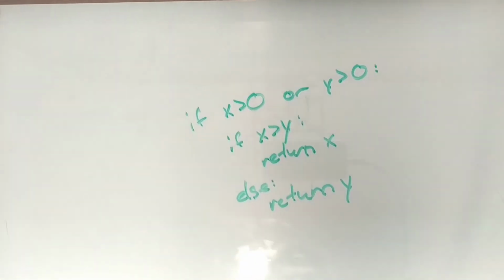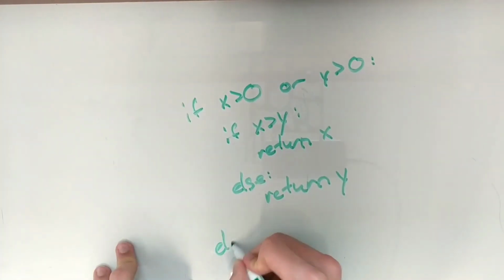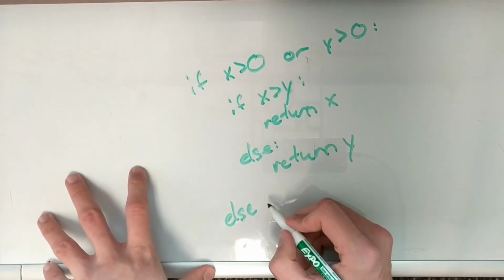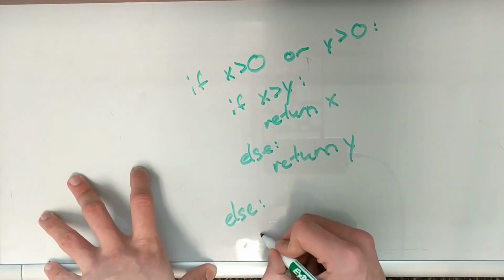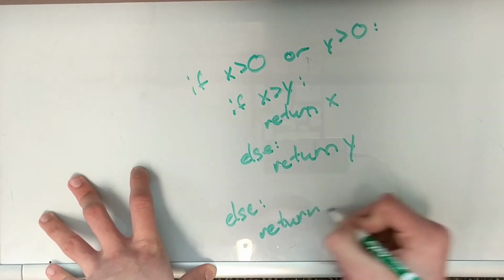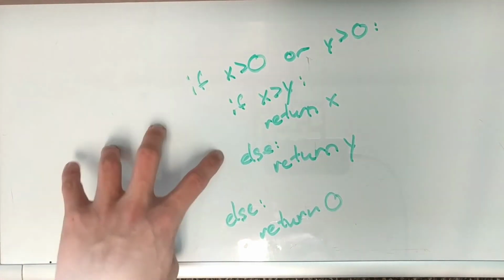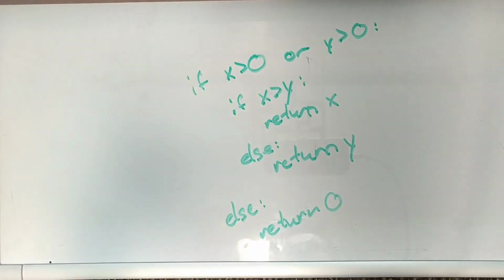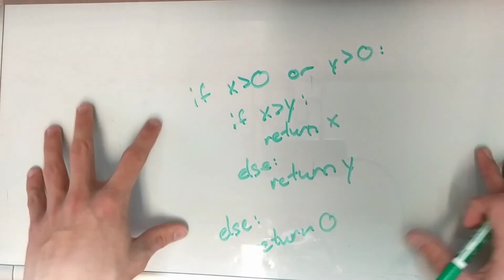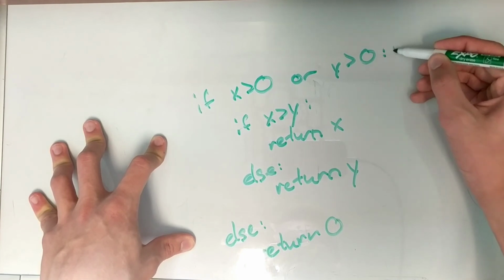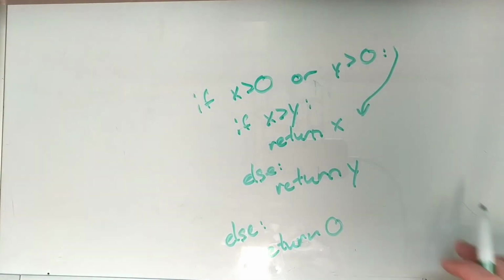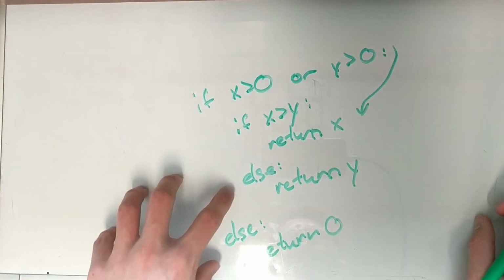And now we could put an else statement here that says if this doesn't work out, then we can return 0. But a helpful tidbit that I like to share is whenever you're running a function in Python and you hit a return statement, it will actually quit the code, jump out of the function and just return. So if we returned x, it would jump out right there. It wouldn't test this else.